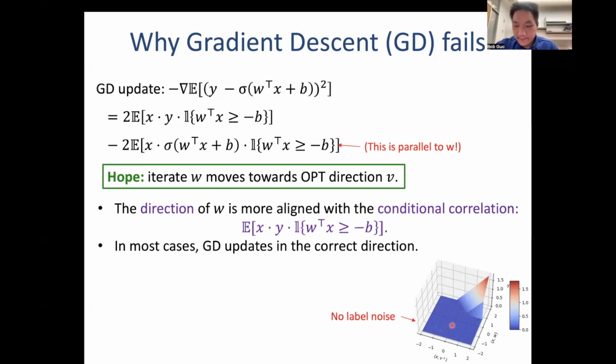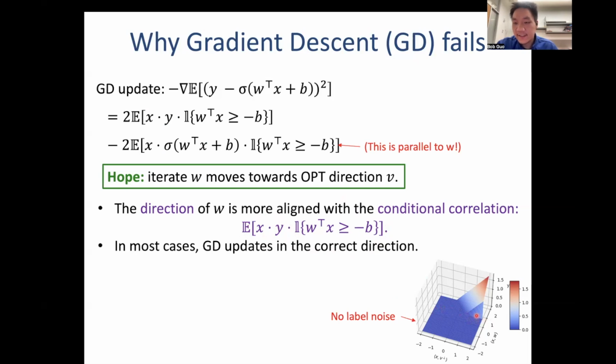Just to explain this picture, the direction W, the current iterate, goes inside the board, and the direction V is somewhere to the top right corner. If the ground truth is just some ReLU function, then we are simply looking at the correlation between X and the ReLU function on the event that this indicator is true. This is basically a cutoff made somewhere here.